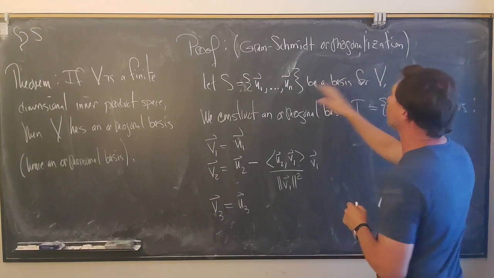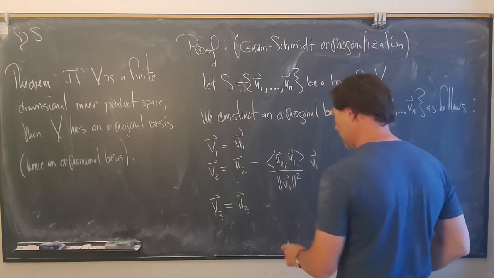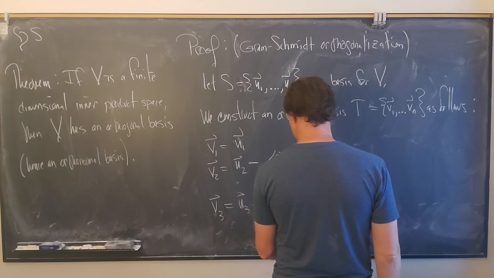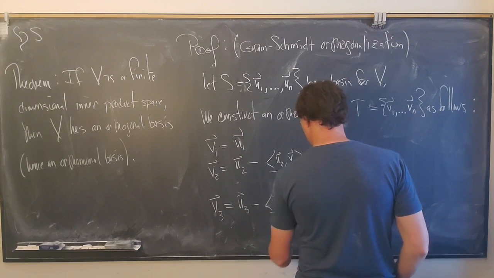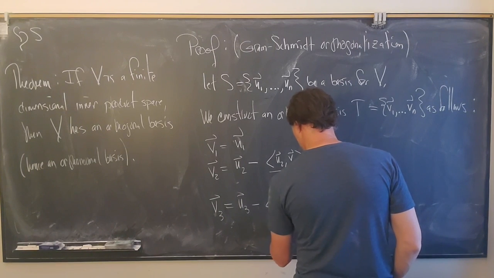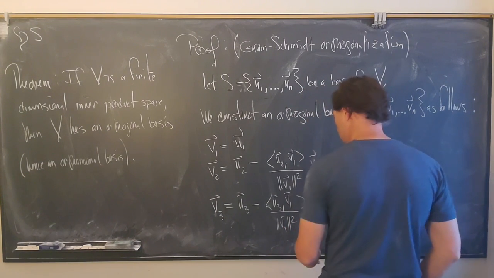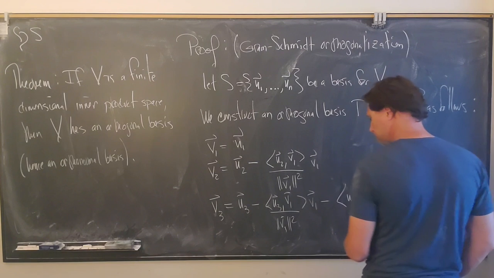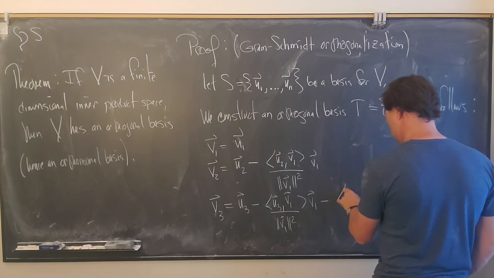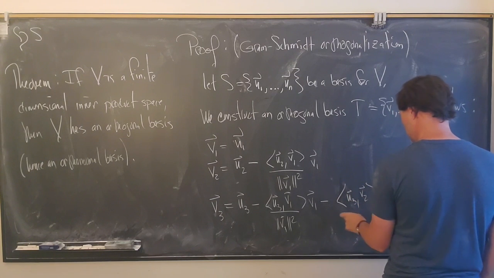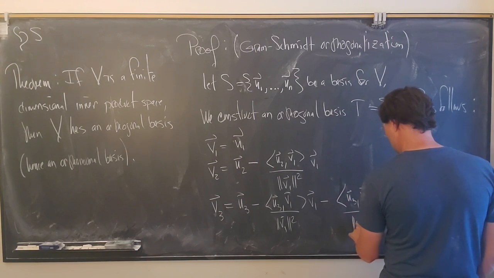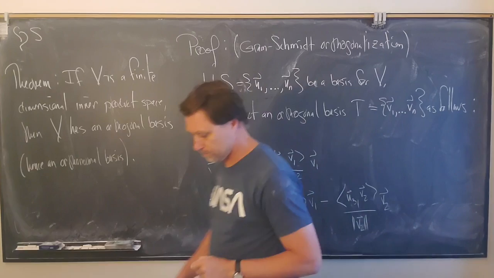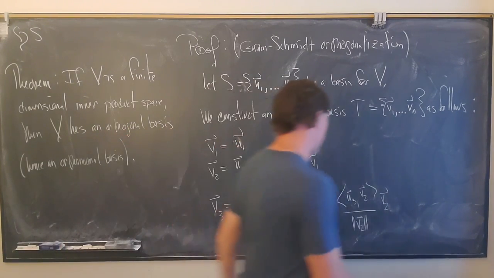We take the third vector in our original basis, and then we subtract off some stuff: u3 inner product with v1 divided by the norm squared of v1 times v1, minus the inner product of u3 with v2 divided by the norm squared of v2 times v2. And so, etc. here.